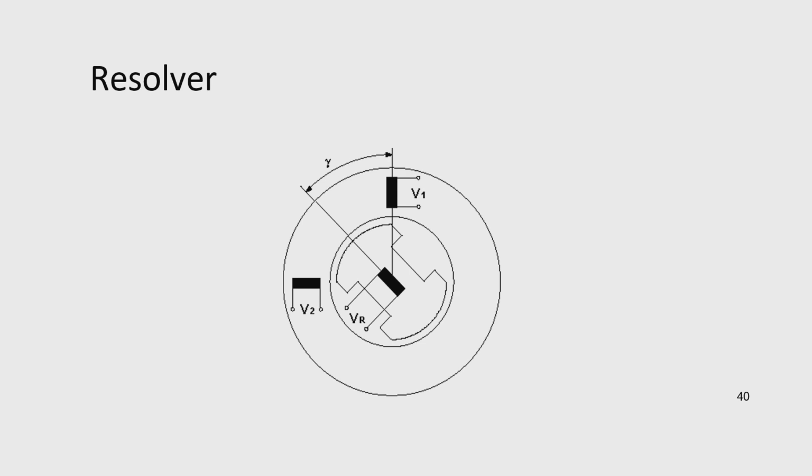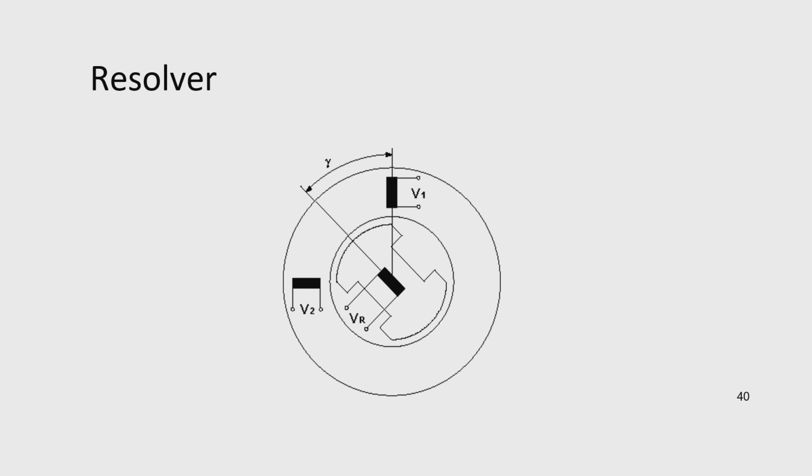This is also there. Resolver is based on the magnetic principle, which can tell the position of a shaft. Suppose you have a resolver, and this resolver has some type of winding on it, and there are two secondary windings here, V1 and V2, at 90 degrees to each other.